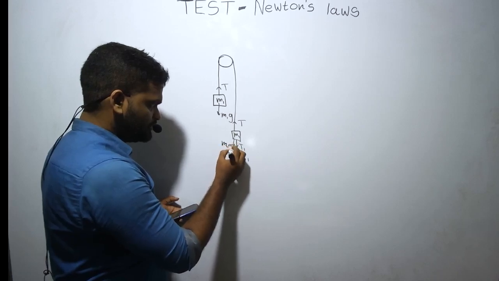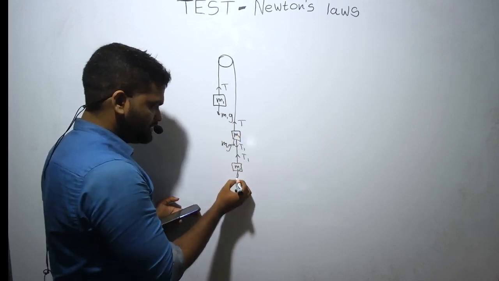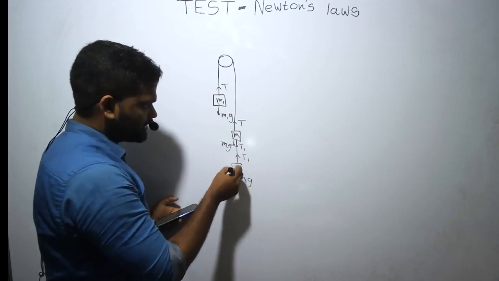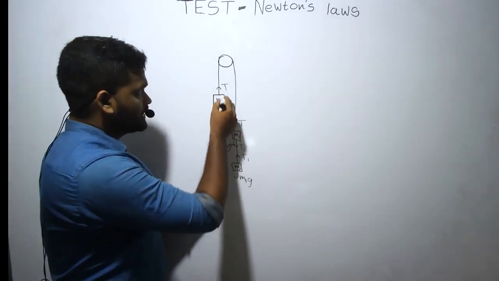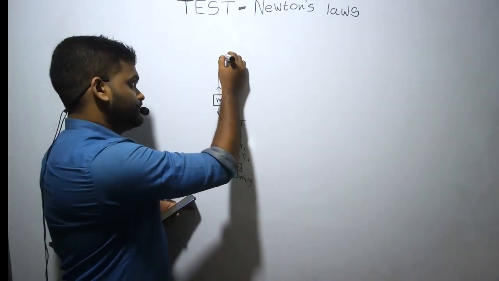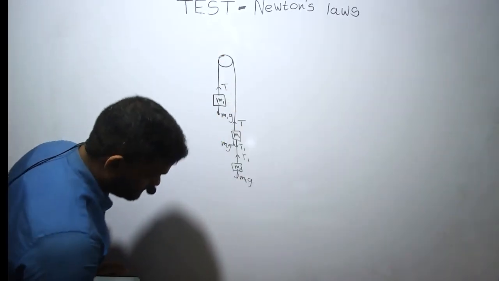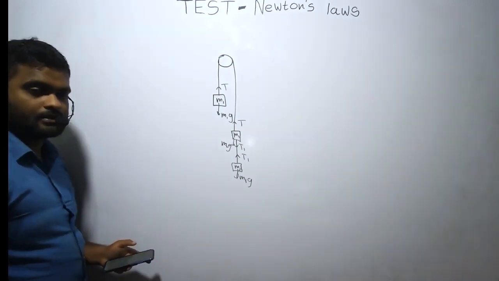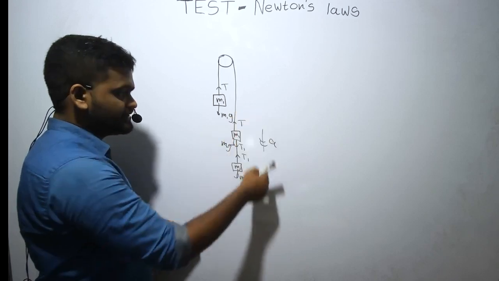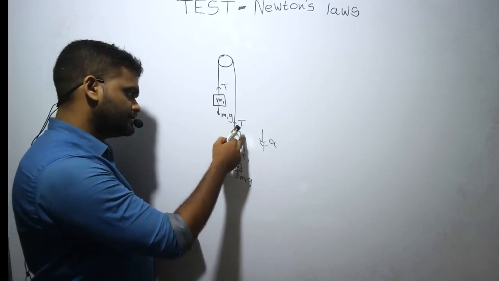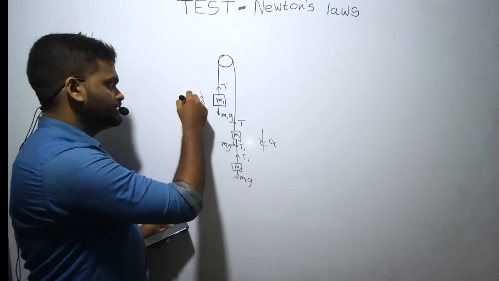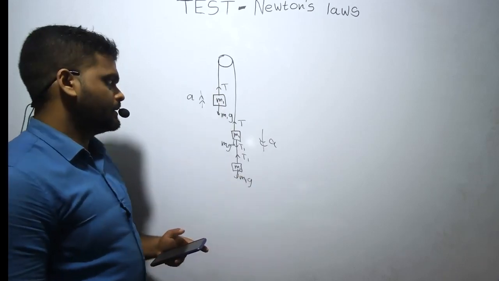There's M2G weight here, and M3G weight here. All the forces here are marked. These are the forces we require. Obviously the system is going to accelerate to this side, because the question says the mass of these two is greater. And the other side goes up.